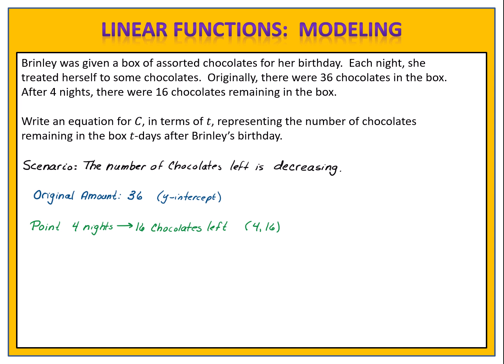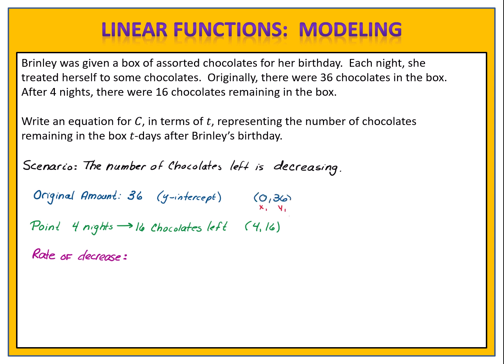In order to write an equation, whether we use slope-intercept form or point-slope form, we have to have a rate of change, a rate of increase or a rate of decrease. Regrettably, they don't give us this information in the problem. We're going to need to figure it out. We can use the information given in order to figure out the rate of change. The original amount, the y-intercept, was 36.